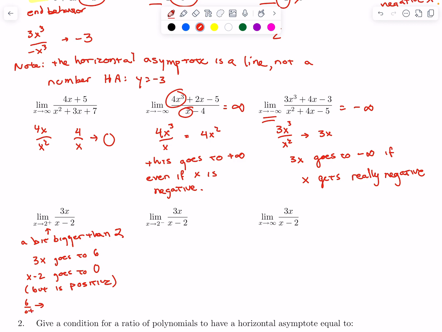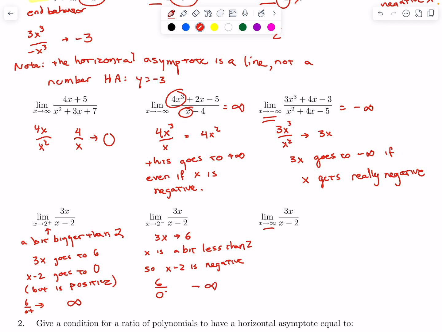0 plus, so infinity. On this side, we have 3x still going to 6, sorry. But if x is a bit more negative, less positive than 2, 6/(-0) is going to negative infinity.